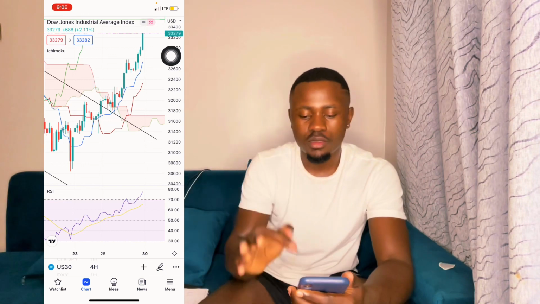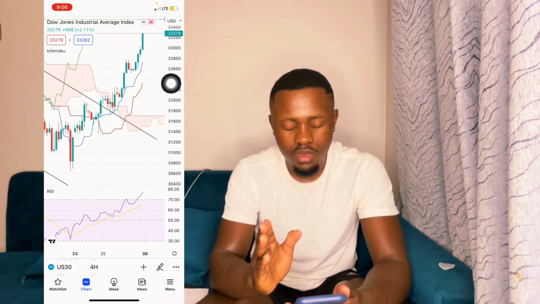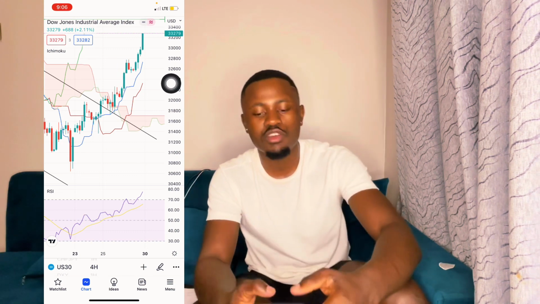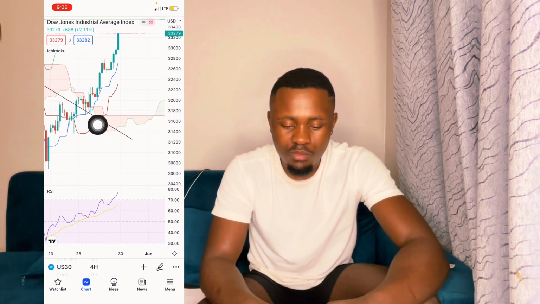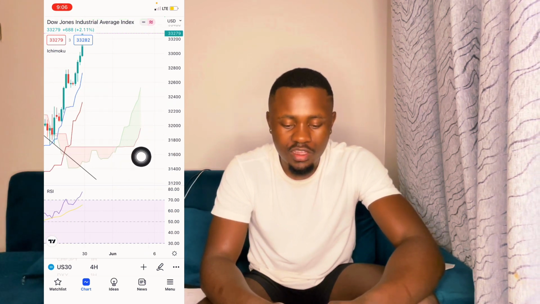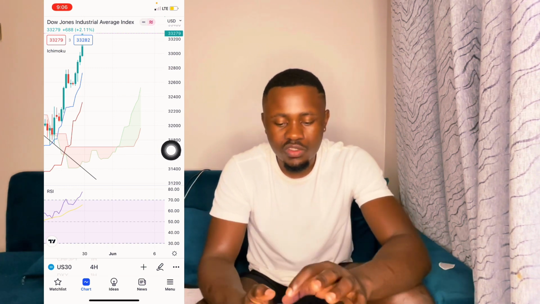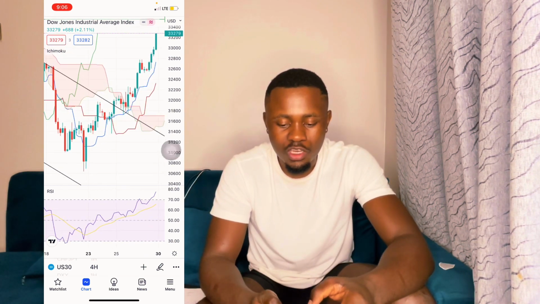It's moving in an upward way, but it's above my moving average. And you can even see my Ichimoku has crossed here, and we are seeing a big Ichimoku cloud starting to widen. We are seeing an uptrend. You can even see my green line.